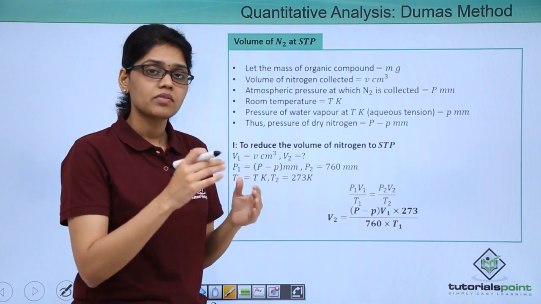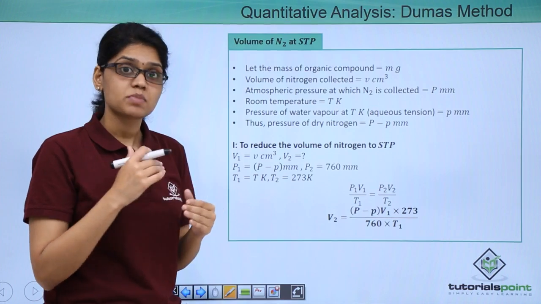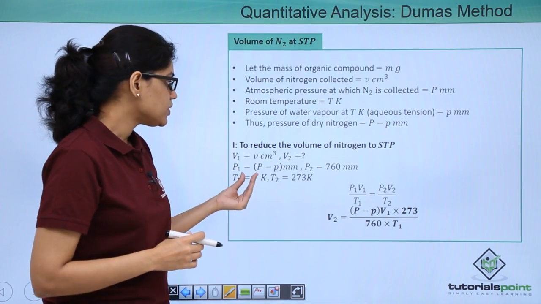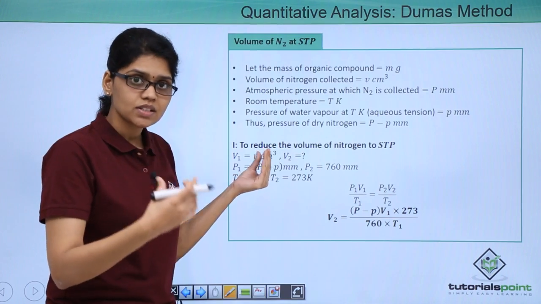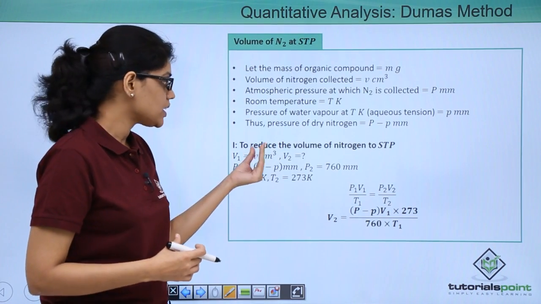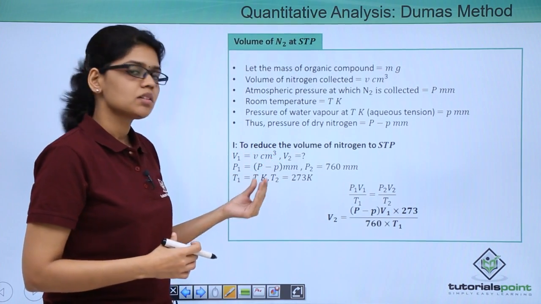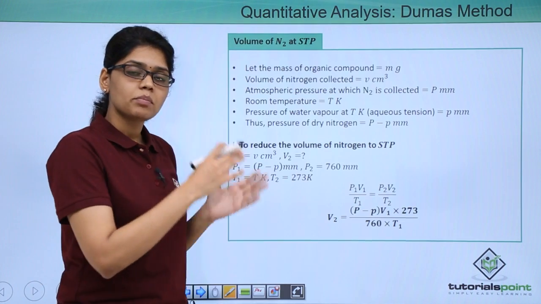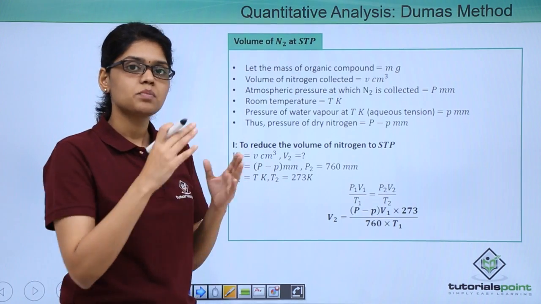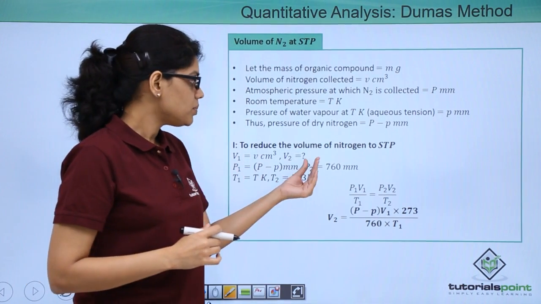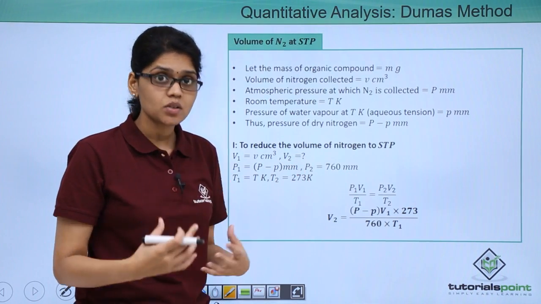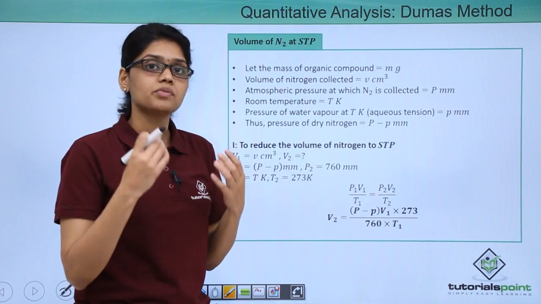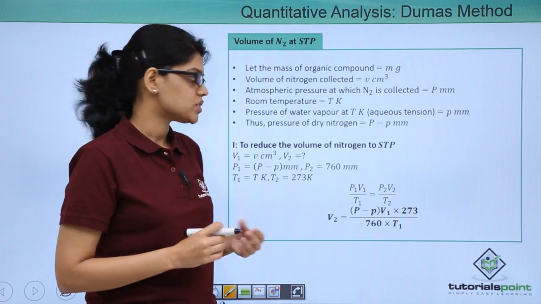So now we have P1, V1, T1 corresponding to the experimental conditions, where P1 is P minus p mm, V1 is the volume of nitrogen collected in the nitrometer, V centimeter cube, and T1 is the room temperature. Comparing that against the standard conditions P2, V2 and T2, we know P2 is 760 mm, T2 is 273 kelvins, and we need the volume of nitrogen at standard conditions, V2.